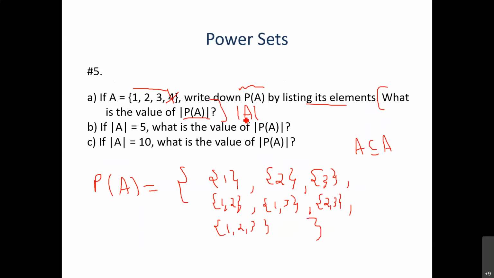What's the size of P of A? Well, the size of the power set of any set is 2 to the power of the size of that set. So the size of the power set of A is 2 to the power of the size of A, which is 2 to the power of 3. So we need to have 8 elements.